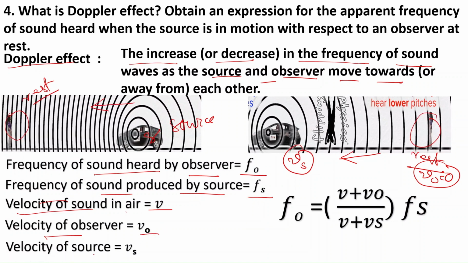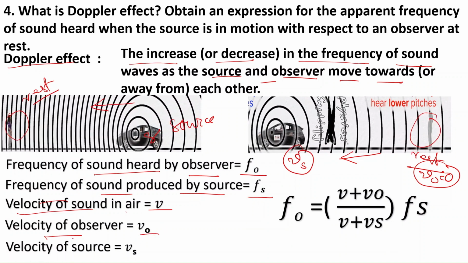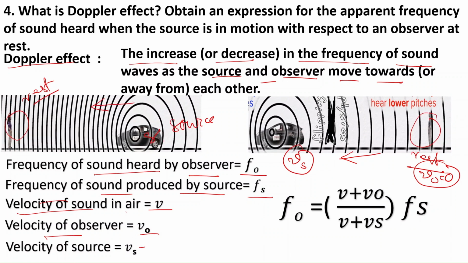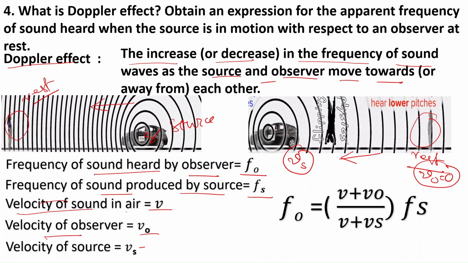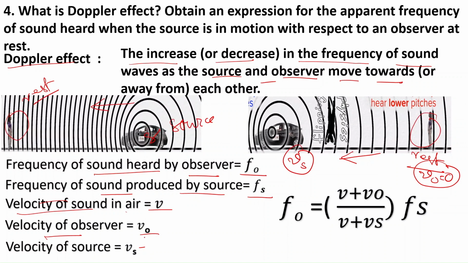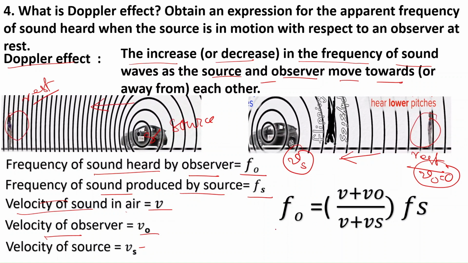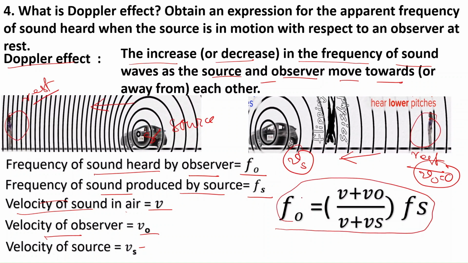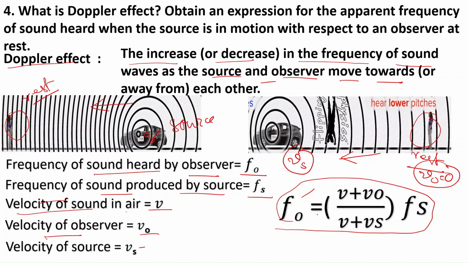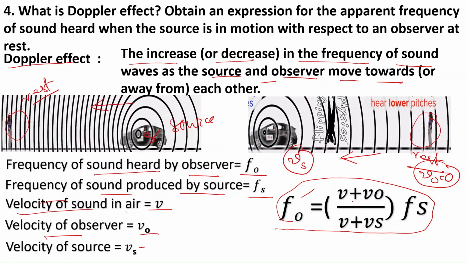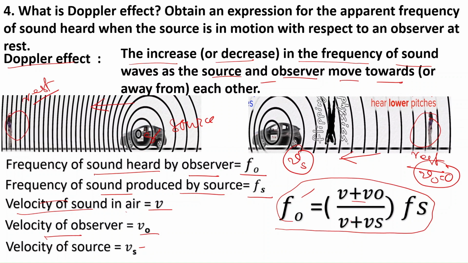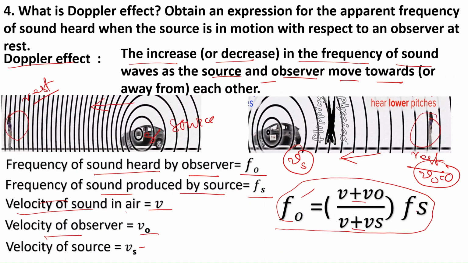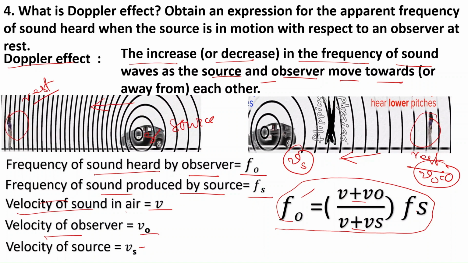The velocity of the source, that means the car, is vs. Now the relation of the observer's heard frequency of sound is f0 equals (v plus or minus v0) by (v plus or minus vs) into fs. This is the Doppler effect main relation.